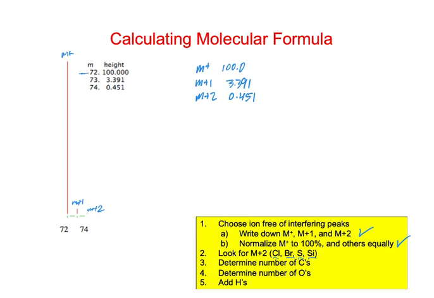If it was chlorine, then it would have to be 32%, so that's not it. Bromine 98%, silicon 3.4%, it's not that big, sulfur 4.4%. Oxygen is included as an A plus 2 as well, but it's only 0.2, so we're going to calculate carbons before we calculate oxygen. So there are no M plus 2 or A plus 2 elements here.